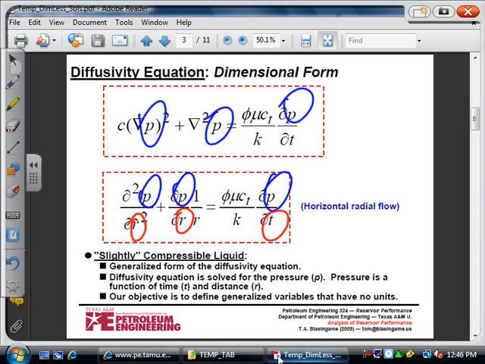So we need to first define the dimensionless pressure, which is a function of dimensionless time and dimensionless radius. Okay?